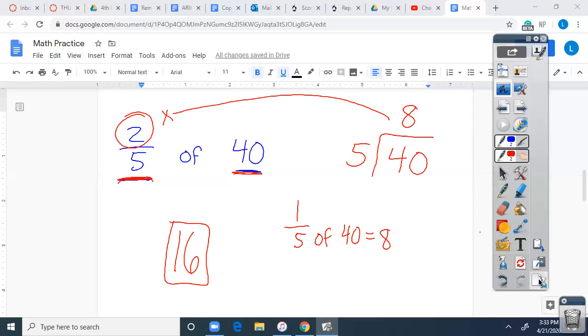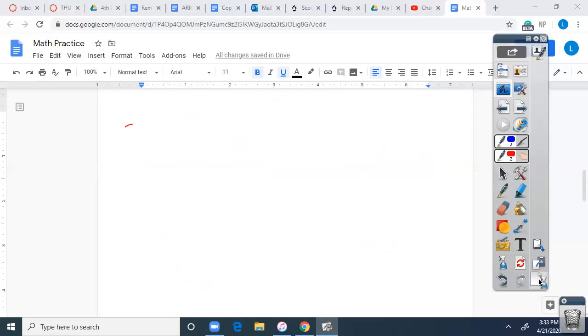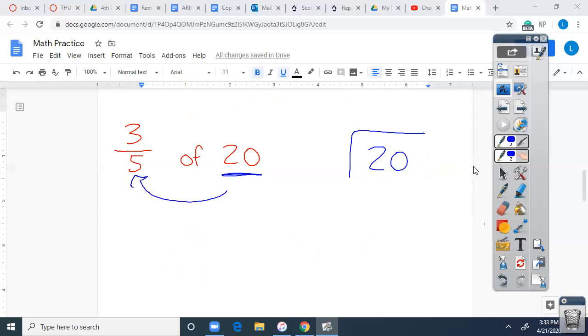Let's do another one. Let's do 3/5 of 20. First step, we're going to take our big number, our 20, and we're going to divide it by what? Denominator, right? 20 divided by 5 is 4.